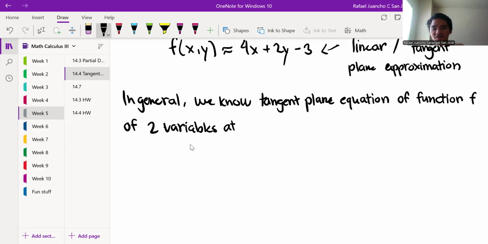We're going to specify it at this point A, B, and the other one is f of A, B. So we're assuming our point is A, B.